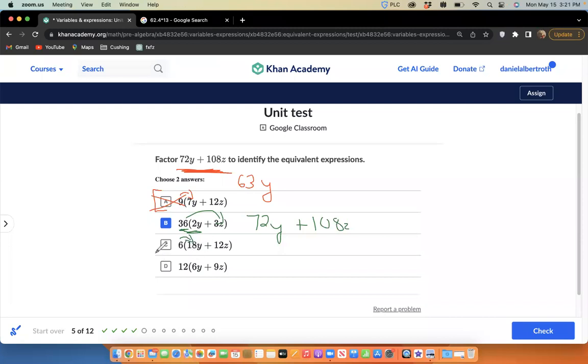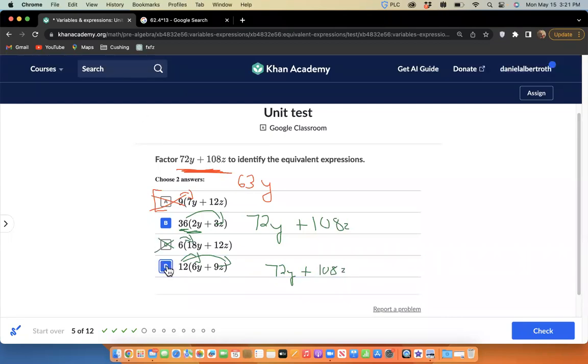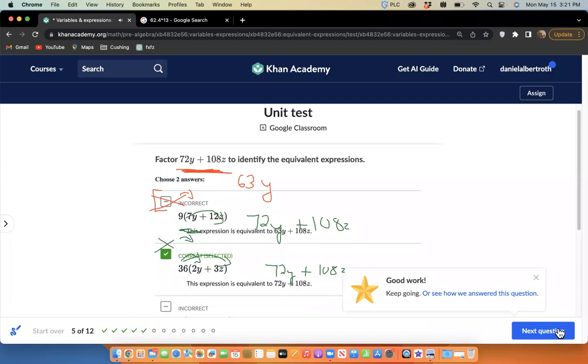That's not going to be right. It's going to come out too high. 12 times 6, that is 72. And then 12 times 9 is 90 plus 18, which is 108. So it looks like B and D. If we distribute, we're going to end up with 72y plus 108z, and the others we will not. So there you go.